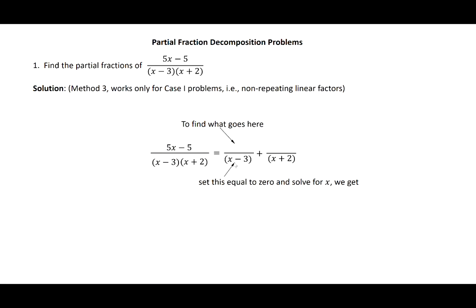What do you get? X equals 3. Right? Now, take that value of x equals 3, and plug onto the left-hand side. Cool? Take that x equals 3 and plug onto the left-hand side. But wait a minute. Can you? What's going to happen to the denominator?